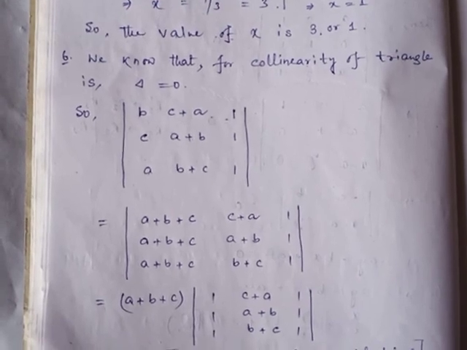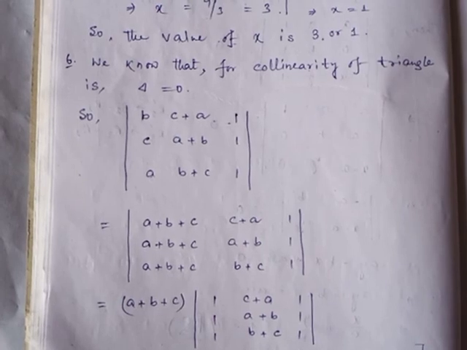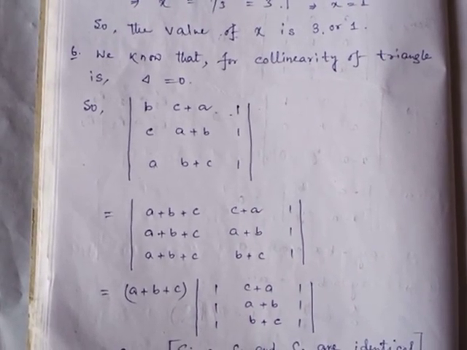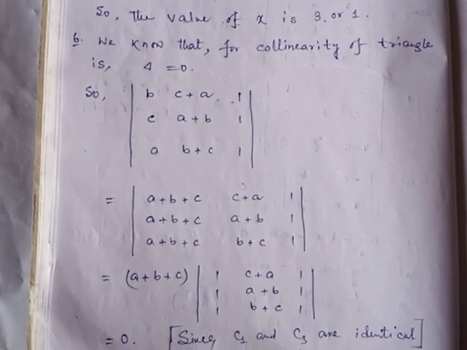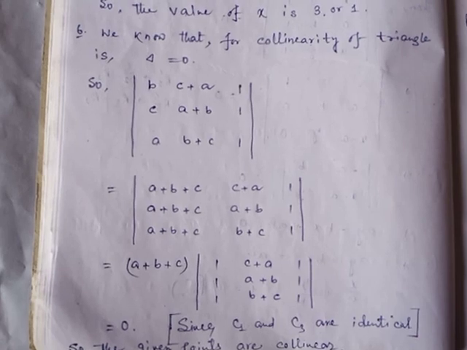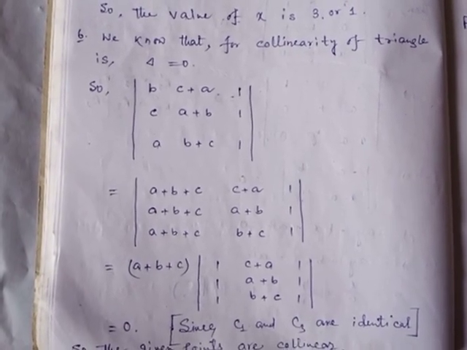We can write here a+b+c, a+b+c, a+b+c, and the remaining rows. When two identical columns are given, the value is 0. C1 and C3 are identical, that means the value is 0. That means delta equals 0, so the points are collinear. Okay, so that's all for the determinant.